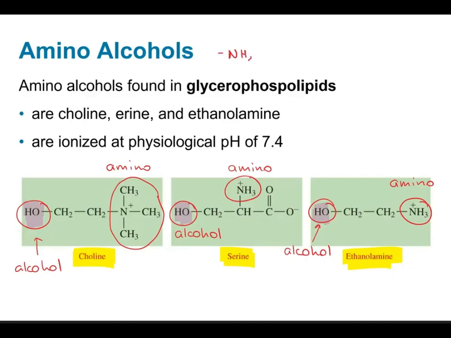So this is the amino group. When it interacts with water, it becomes protonated. I use just a regular amino group, but, you know, choline, same story. Okay? Does that make sense? That happens in aqueous solutions.